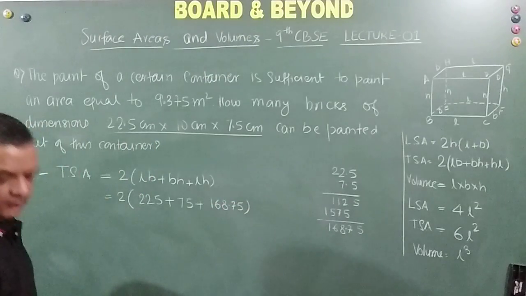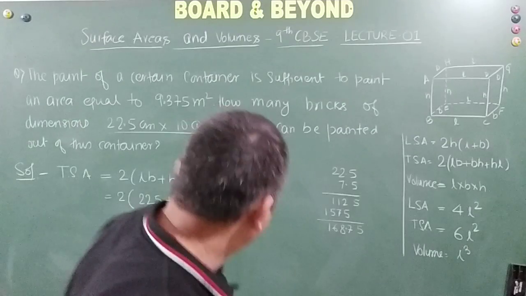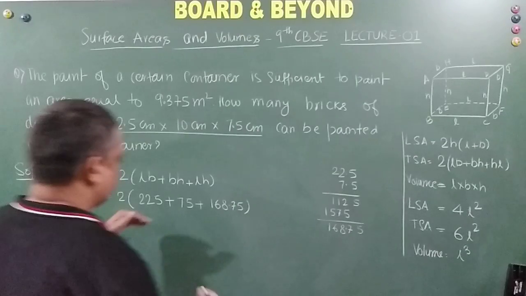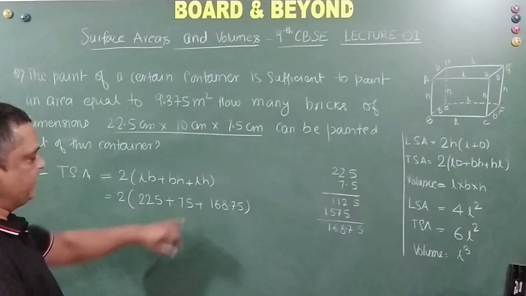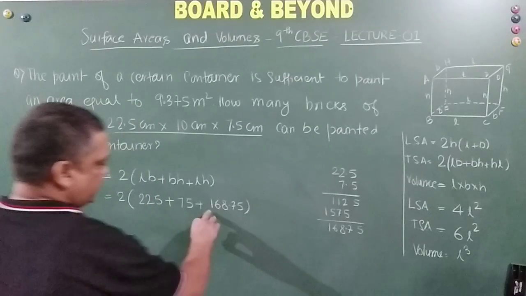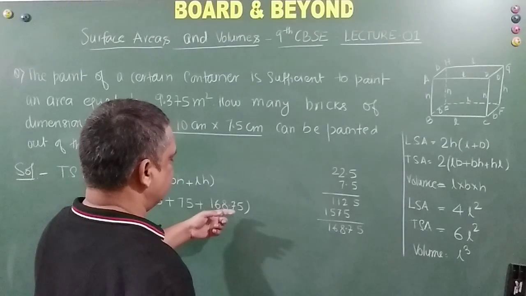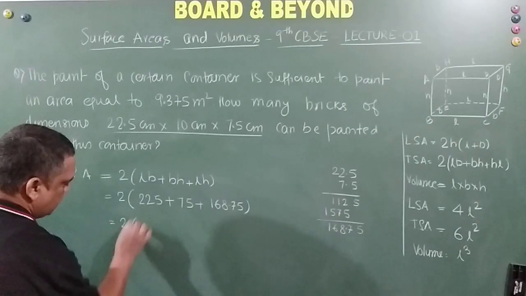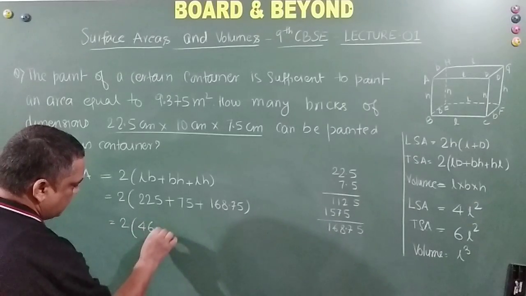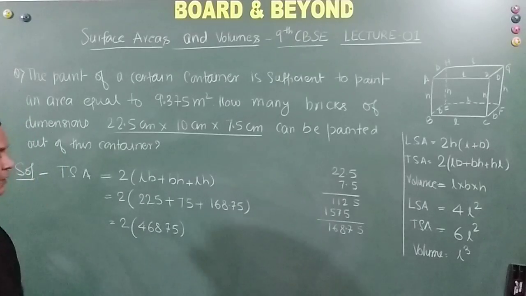Okay, so let it be there. So the total is how much? 168.75 plus this 225 plus 75 is nothing but 300. So 300 plus 168.75 is nothing but 468.75, right? You're getting my point?